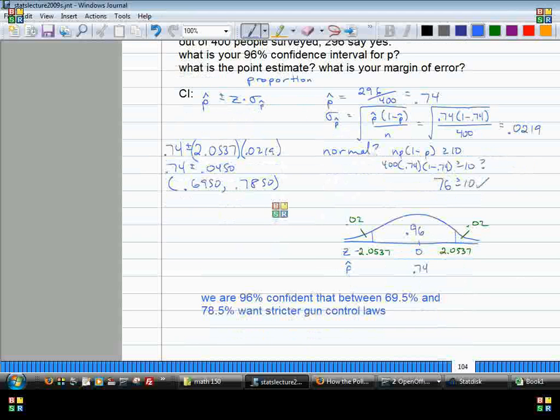And also, what is the point estimate? Yeah, it's 0.74. That's our best guess. And what is the margin of error?